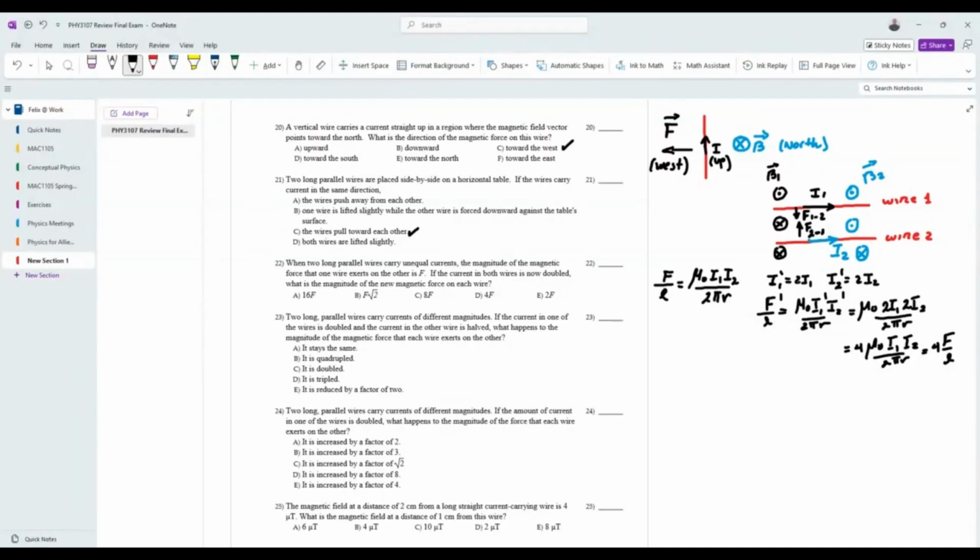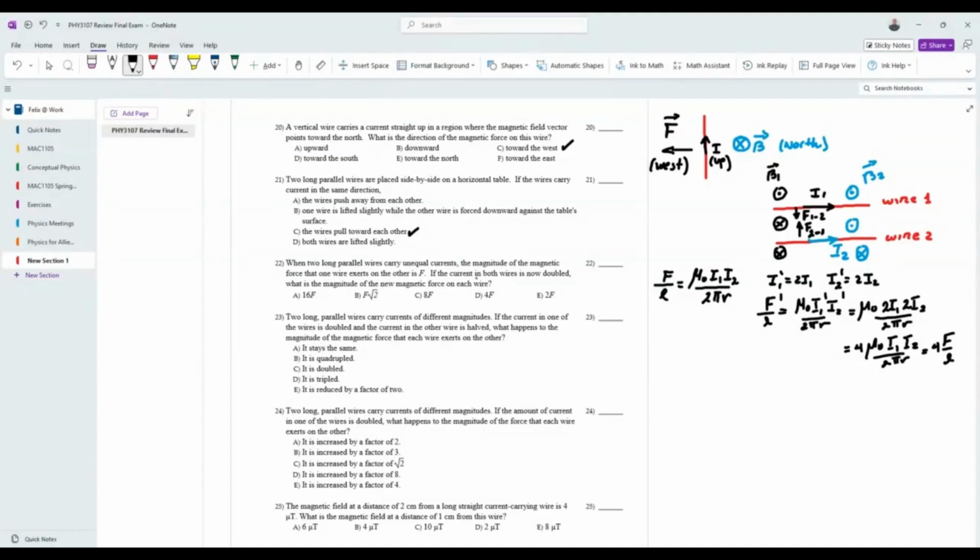So basically what you say, okay, the new I1 value would be twice the initial I1. And the new I2 value, this is what I call I2 prime, is going to be 2 times I sub 2. And when I plug it in now, to find the new, so the prime, F over L, force per unit of length, we get that this is mu sub 0 times 2I1 times 2I sub 2 over 2 pi r, which is going to be 4 times mu sub 0 I sub 1 I sub 2 over 2 pi r, which is then 4 times the initial force per unit of length.